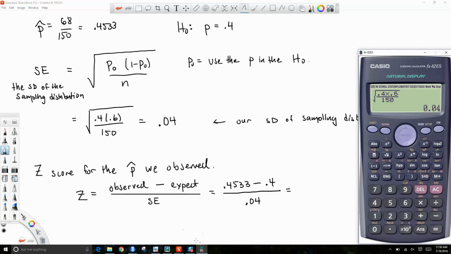So I have 68 divided by 150 minus 0.4, and we're going to divide that by 0.04.